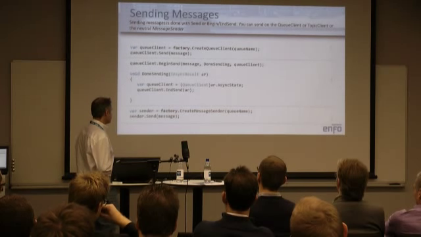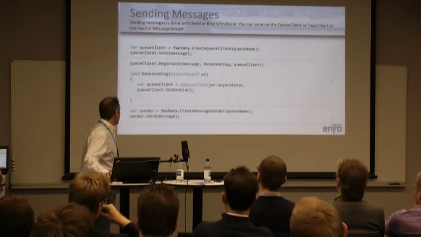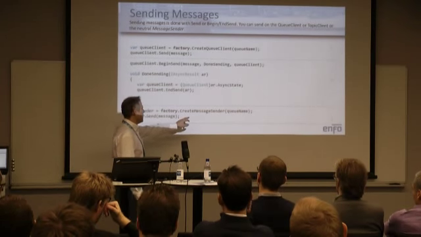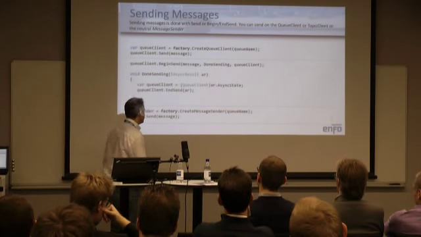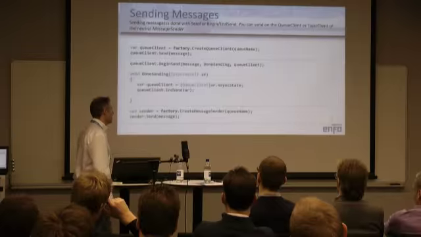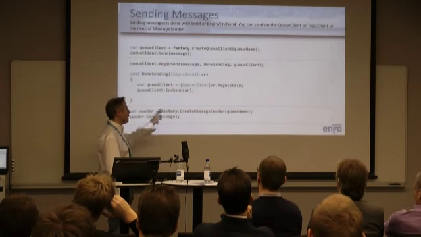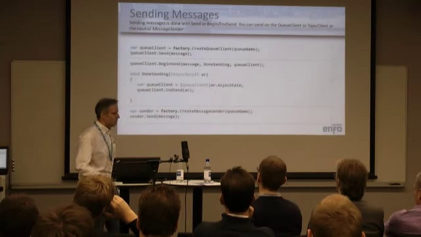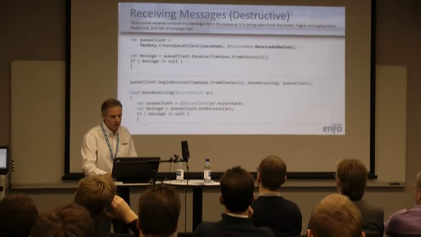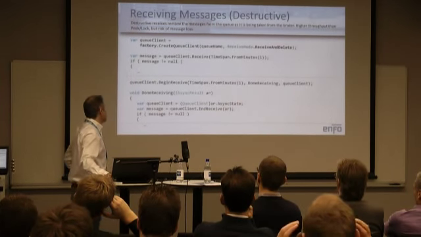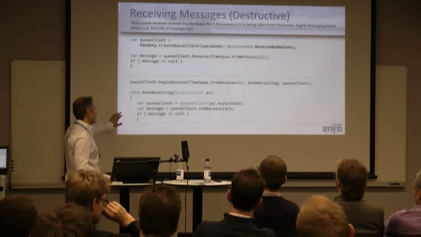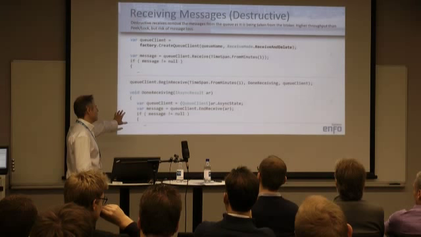And in the last sample, once again, I'm using a generic sender. So instead of saying create a queue client, I'm saying create message sender, and then I use the send method of the message sender.